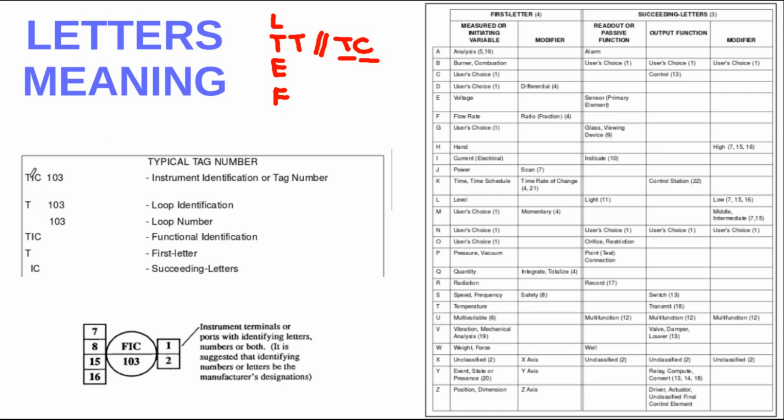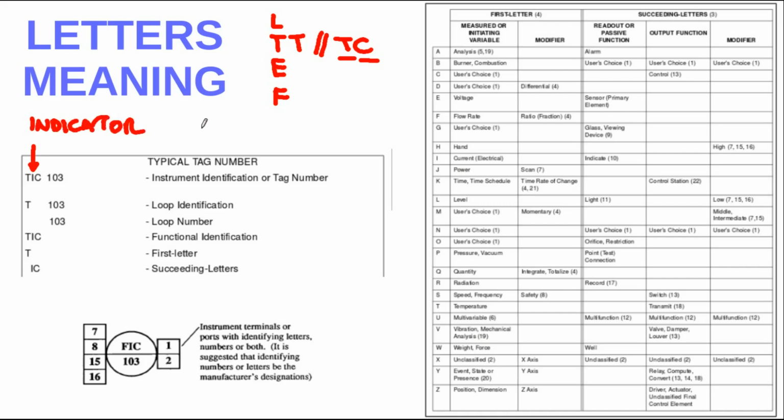So here we have TIC, sorry. This is T for temperature, this is C for controller, and this letter in the middle, I, is for indicator.